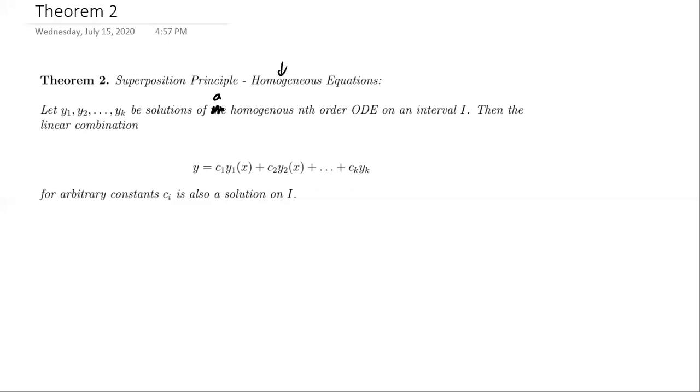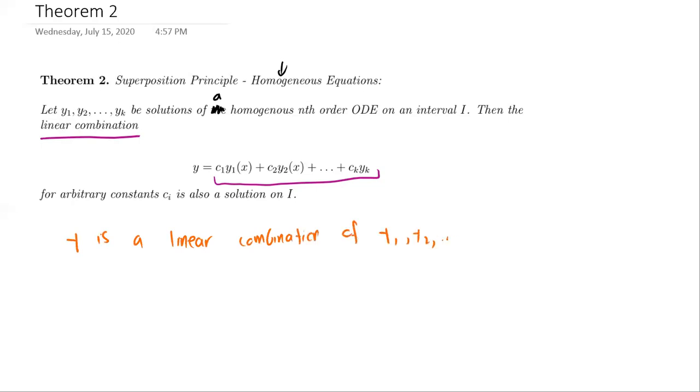Now, an expression like this, when you take a sum of functions, each multiplied by arbitrary constants, we call such a thing a linear combination of the functions. Okay. So we would say that y is a linear combination of y1, y2, up to y sub k.